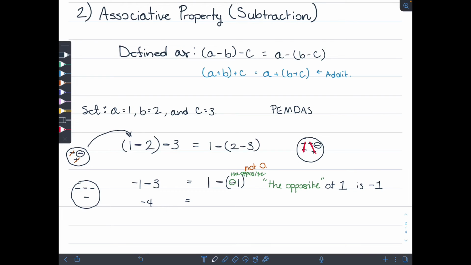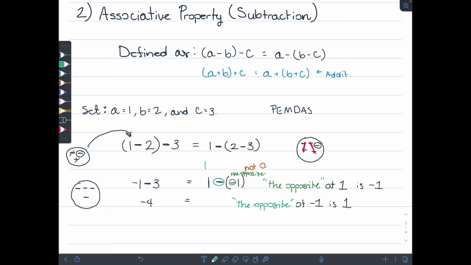Now we have another negative out here. That's essentially saying the opposite of negative 1 is a positive 1.